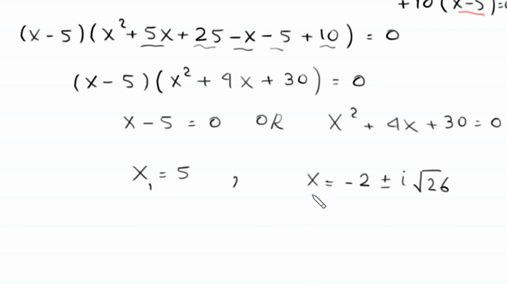This is first and this is second and third. So we get the same solutions as we get by using method 1, 5 and negative 2 plus minus I times root 26.